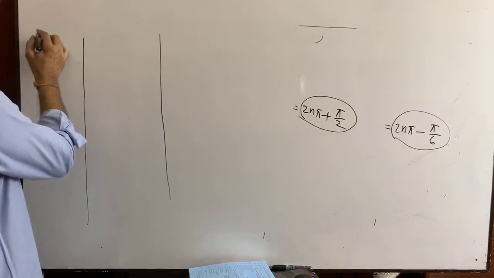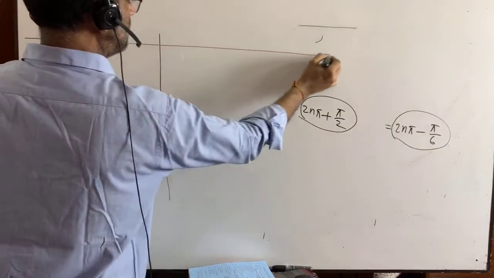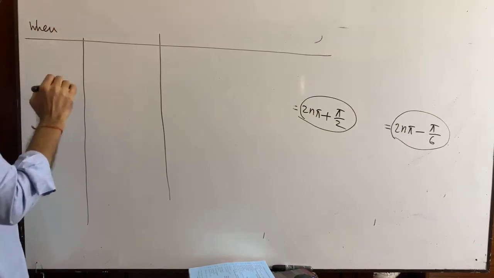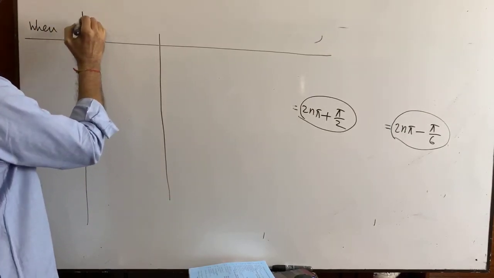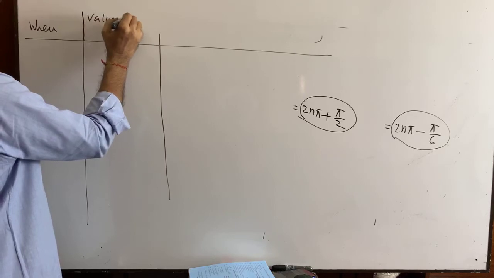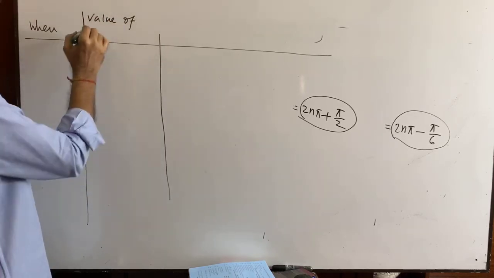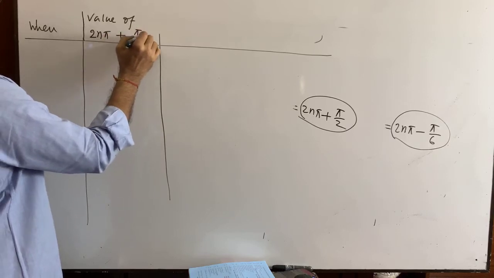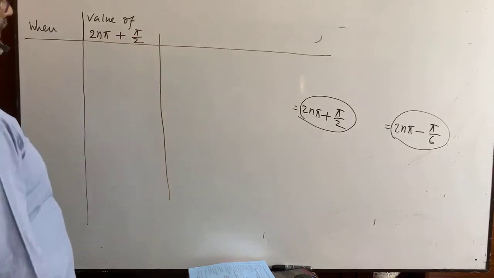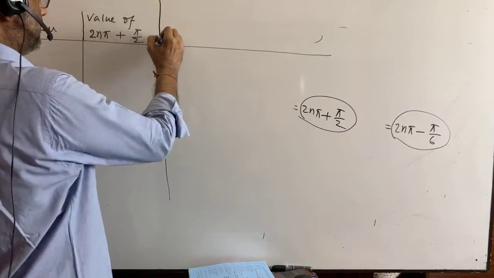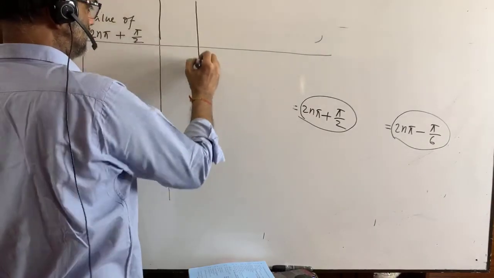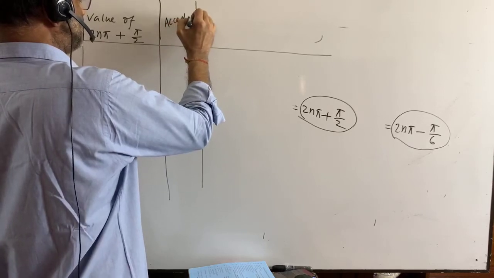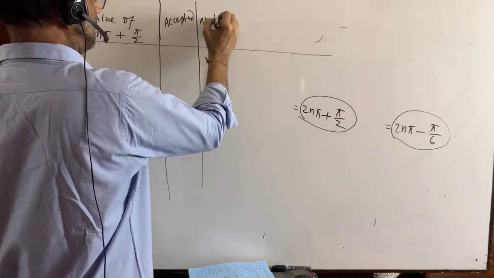Write down here the value of 2n pi plus pi by 2. Now there will be columns like this: accepted and not accepted.